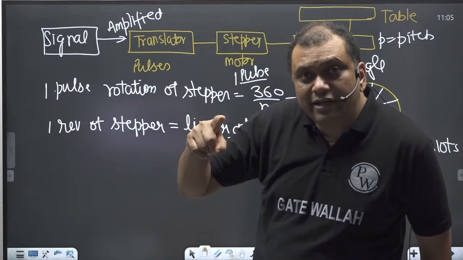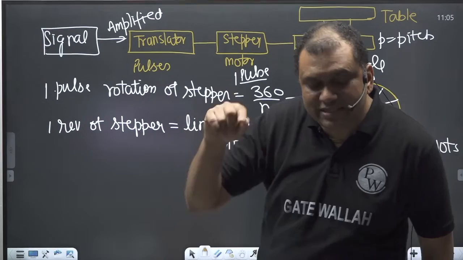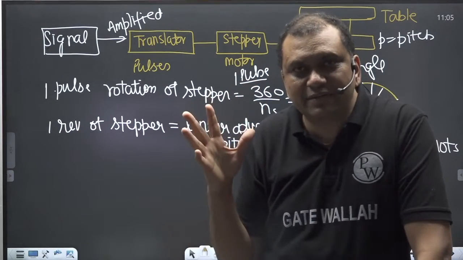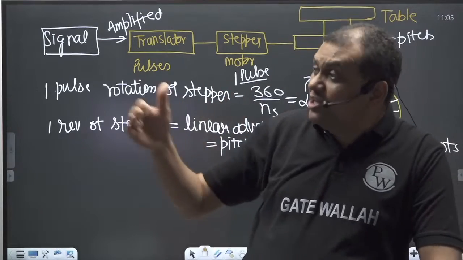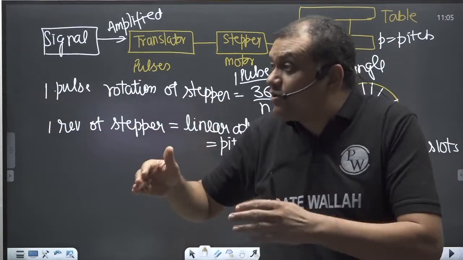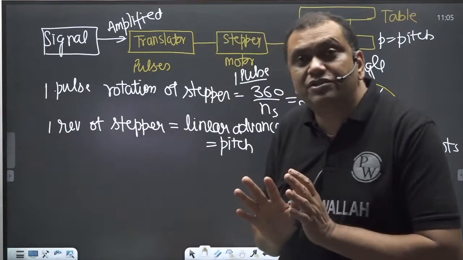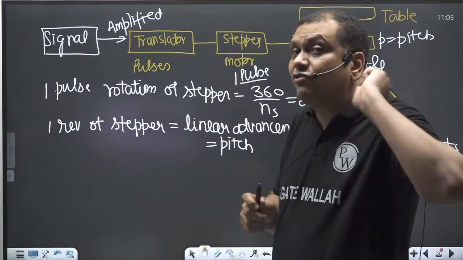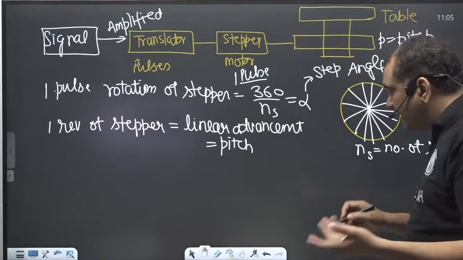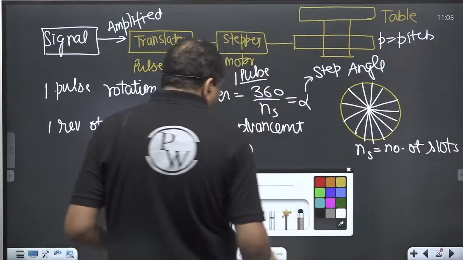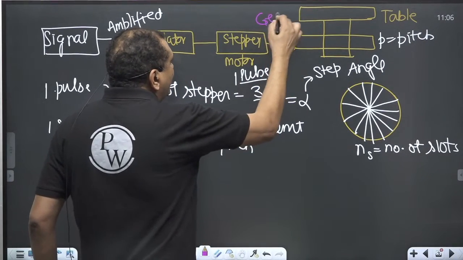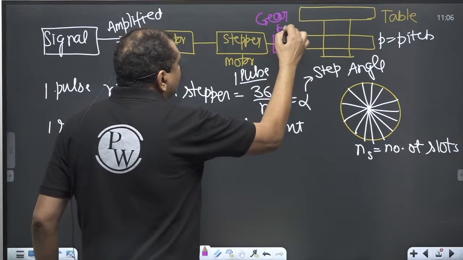And if the lead screw of the table is a double start, in one rotation it will advance by 2 pitch. Triple start, in one rotation it will advance by 3 pitch. So you have to be very, very careful while reading the question. Sometimes in a GATE question, a gearbox is also attached.